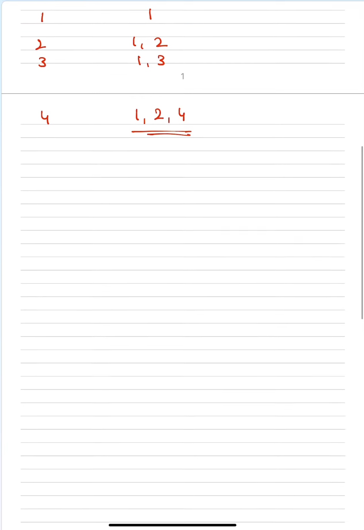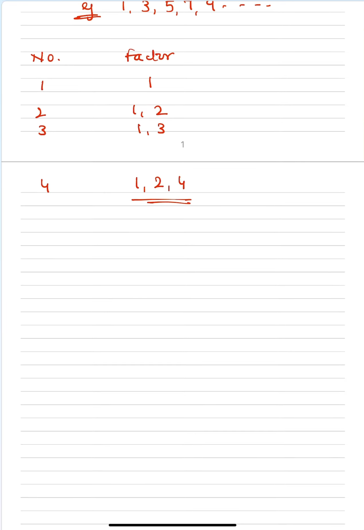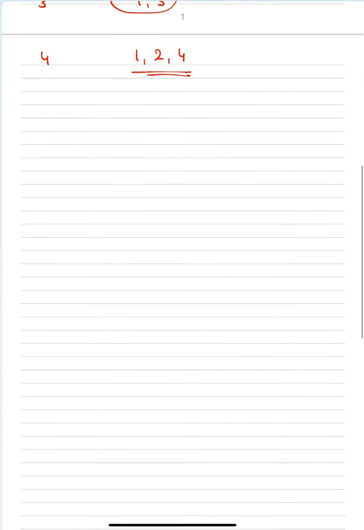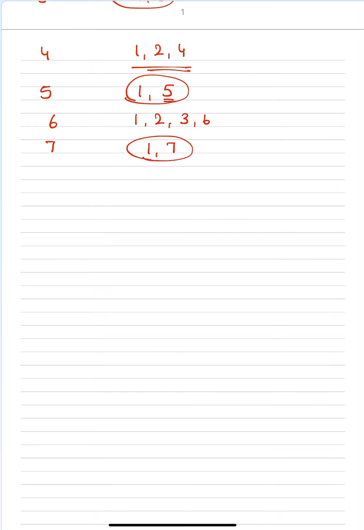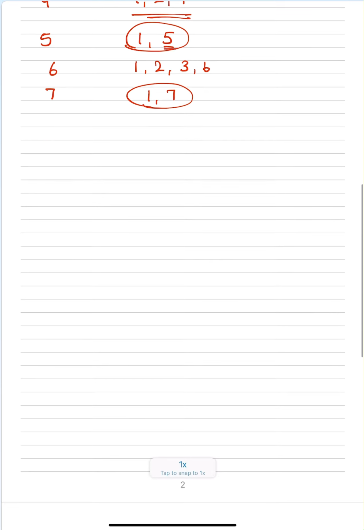So see, now we can say that the numbers which have only two factors, that is 1 and the number itself. Suppose I take 5, again 1 and 5, because 5 is not there in any other table other than 1 and 5 itself. If I take 6, it will be 1, 2, 3 and 6. If I take 7, again 1 and 7. See this, 1 and the number itself. Correct?